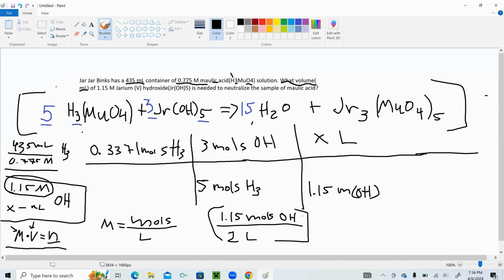I can either put X here or I can either put 1. It doesn't really matter, but let me show you. If I'm going to put 1, it's not going to really change anything. So now take a look at this. Moles of acid cancel. Moles of acid down here cancel. Moles of base cancel. And the moles down here of base cancel.